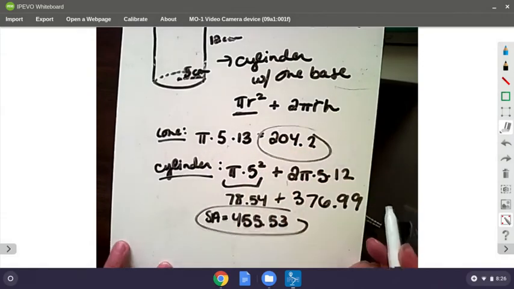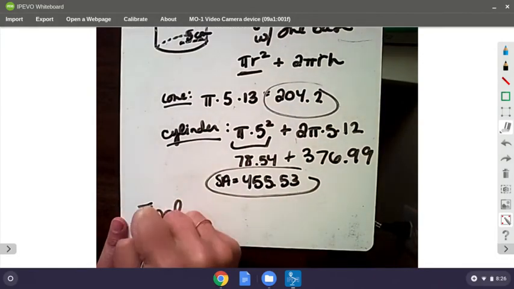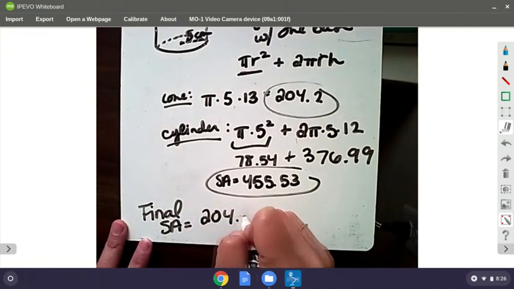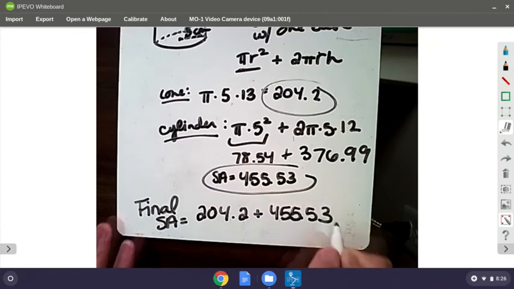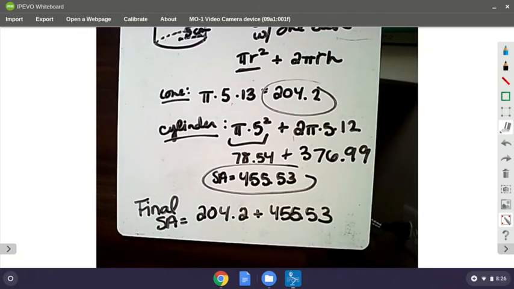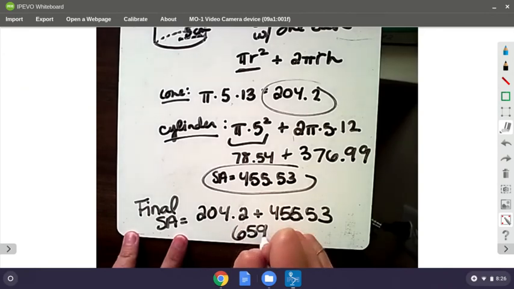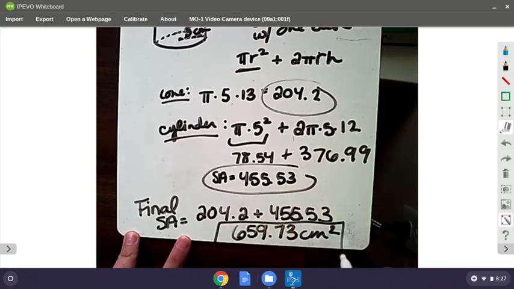Okay, so this is for the cylinder, this is for the cone, and then you just want to add them together. So 204.2 plus 455.53, and your final surface area is 659.73. And this is square centimeters.